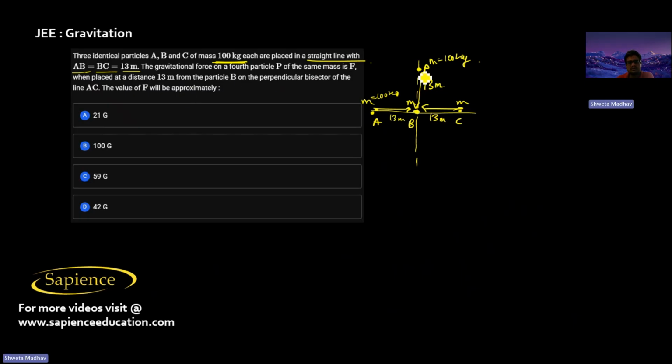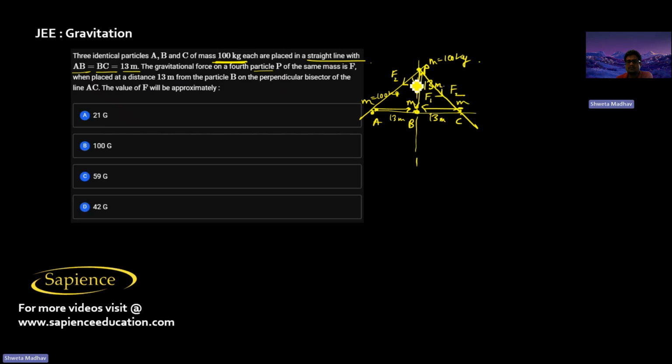Its mass is also the same, which is 100 kg. The net gravitational force of this fourth particle due to all these three particles will be mutual. So this way, one force will act, let's say F1. This mass A will attract P with one force, let's say F2, and C will also attract P with the same force F2.